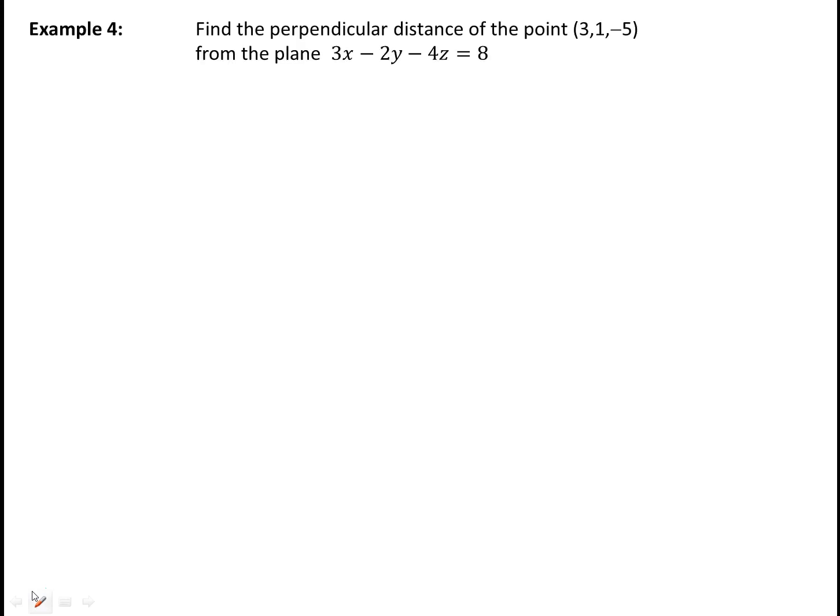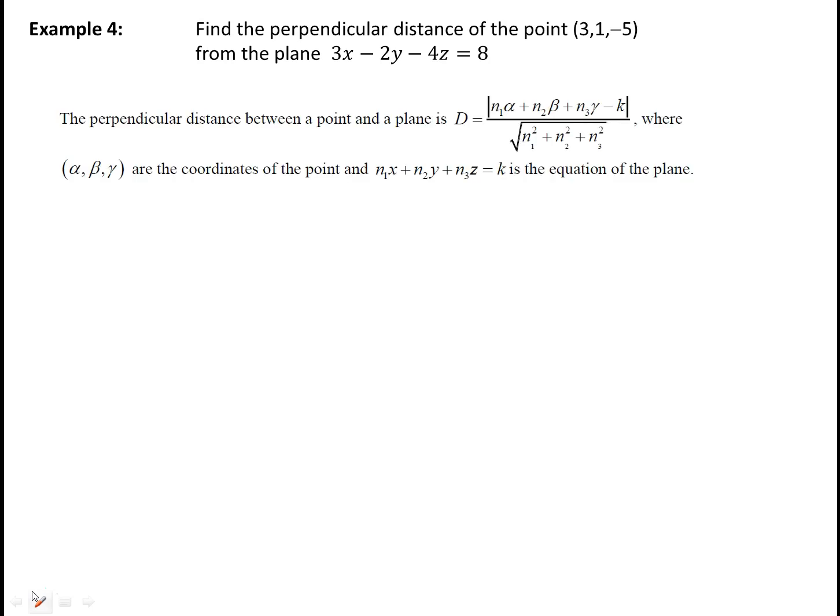So for our final example, we're going to find the perpendicular distance of the point 3, 1, minus 5 from the plane 3x minus 2y minus 4z equals 8. So there's the output from the formula booklet.